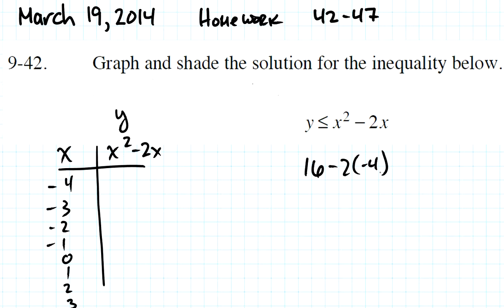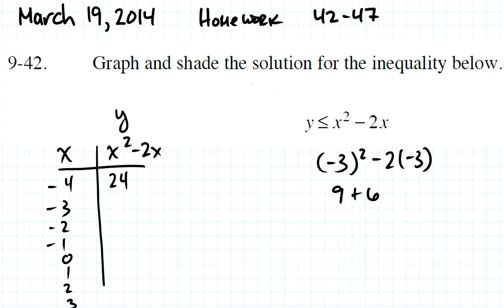So all of a sudden, if x is -4, I believe this is going to produce a value of +24. That's quite large. If x is -3, I'm looking at -3 squared, which is a +9, and then -2 times -3, which means I'm going to be adding another 6. So I've gone from 24, and now I'm sitting at the number 15.